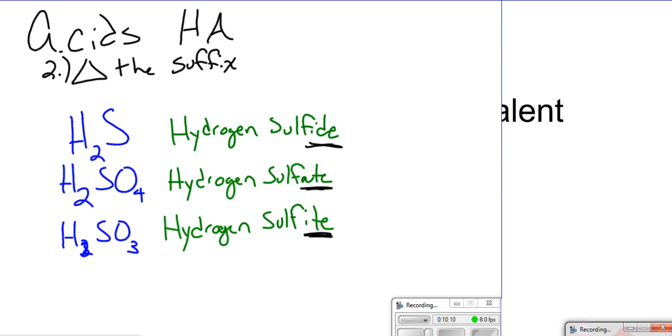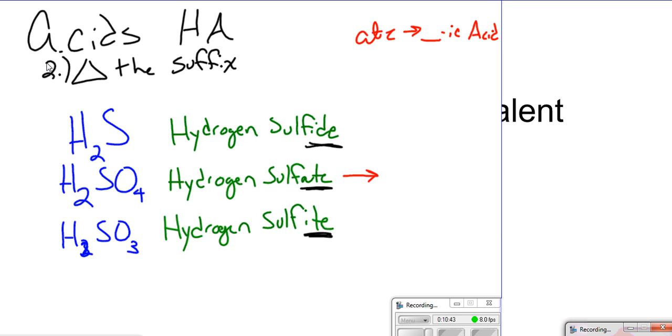So each suffix gets its own change. And I'm going to start with sulfate. I know that it's a little backwards and weird to start in the middle, but I'm starting in the middle because it's the easiest one. So when you have ate, ate goes to the root of the anion, then ic acid.